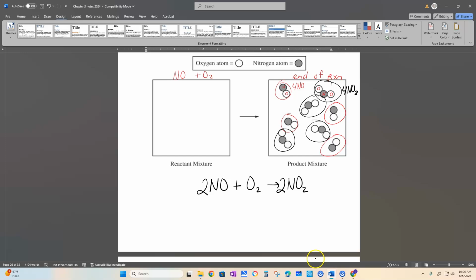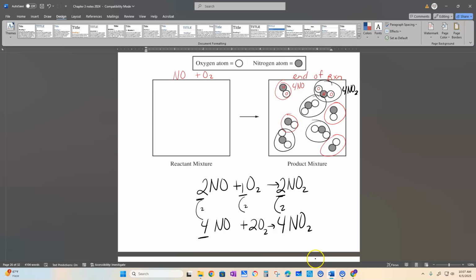So if I actually produced 4 moles of NO2, then what about my O2? Well, because it's a 2 to 1 to 2 ratio, that means 2 times 2 is 4, so 1 times 2 is 2 O2s, and then 2 times 2 is the 4.